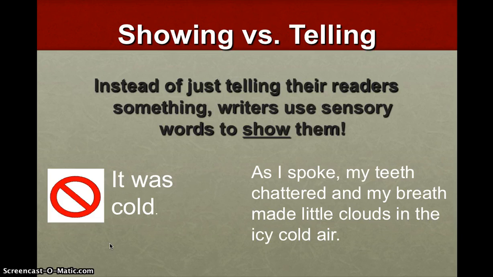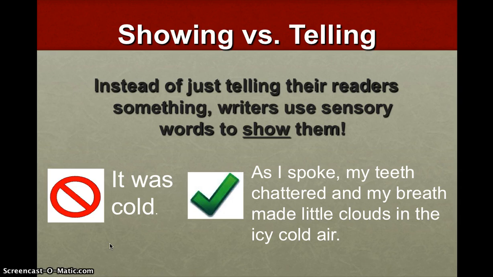As I spoke, my teeth chattered and my breath made little clouds in the icy cold air. All right, ding, ding, ding. This is a much better example. And notice how nowhere in that sentence does it say it was cold, but we can infer or read between the lines that because your teeth are chattering, and when we talk in the cold, you can see our breath in the air, this all tells us that it was cold outside.